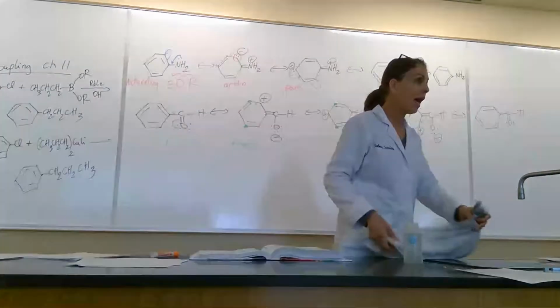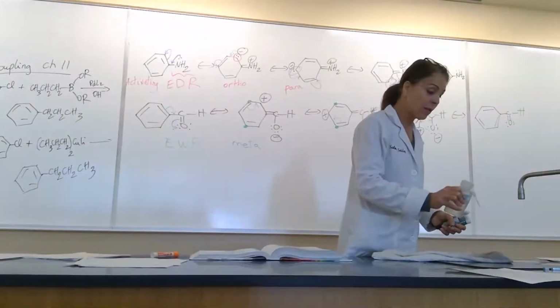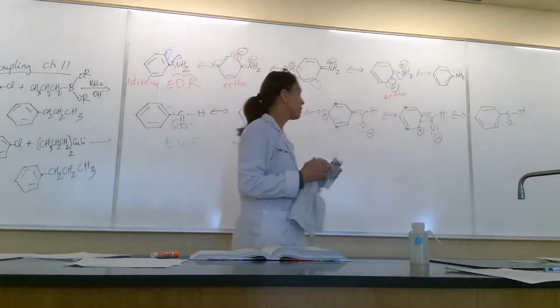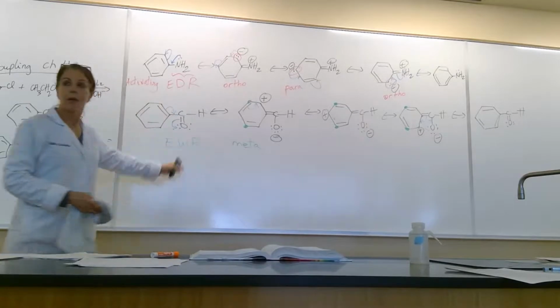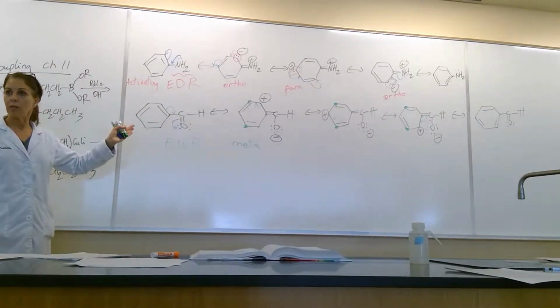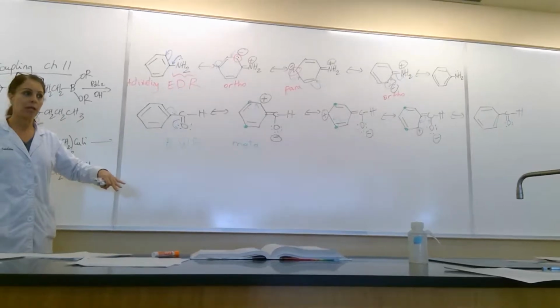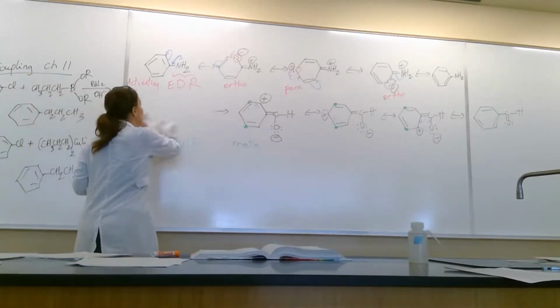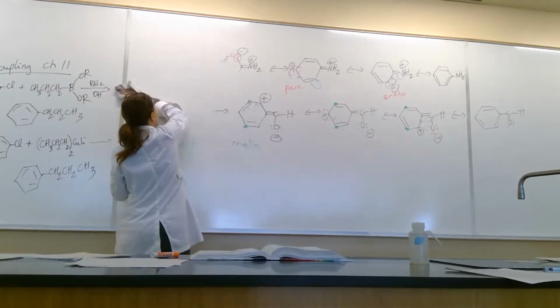I'm going to use a halogen, the three of them actually, and then another one that's kind of in between. So everybody understand these: what is an electron withdrawing versus an electron donating group and how they direct the reaction. So let's try with a halogen.